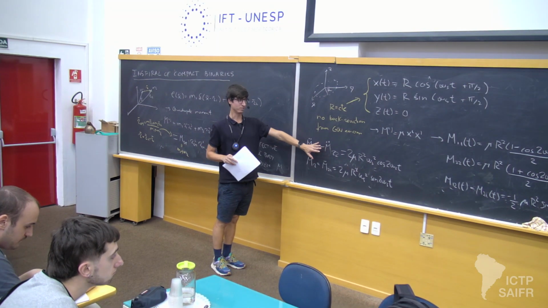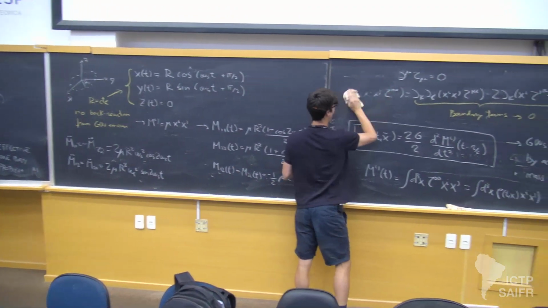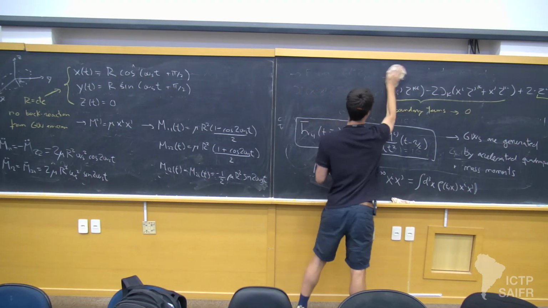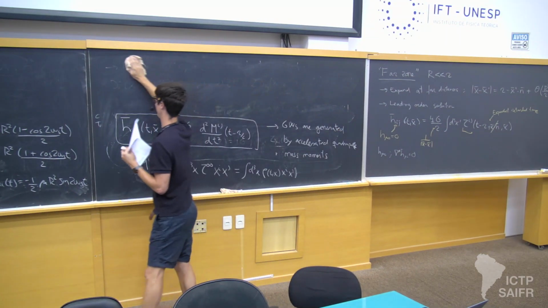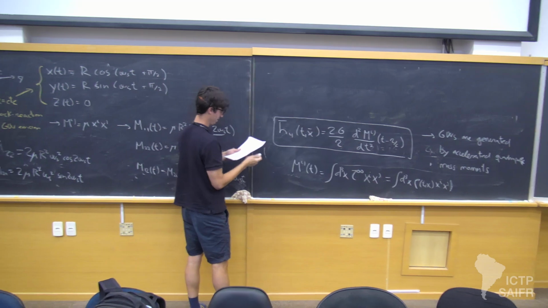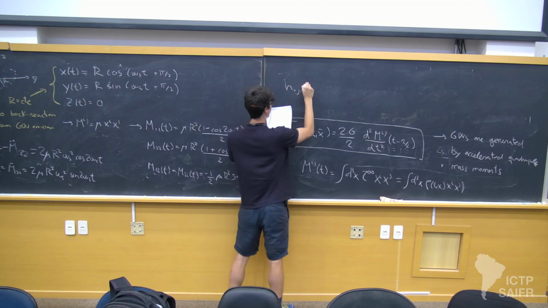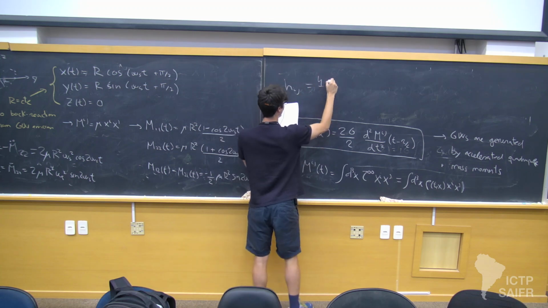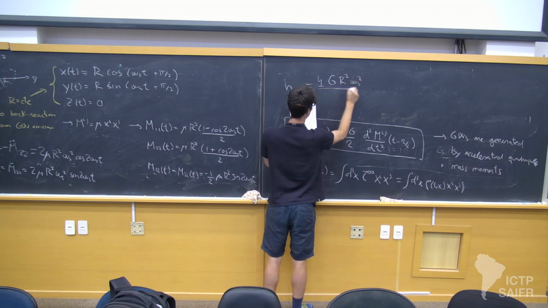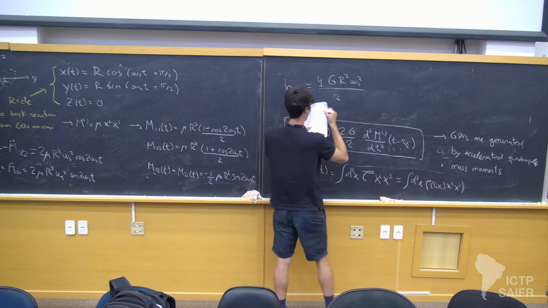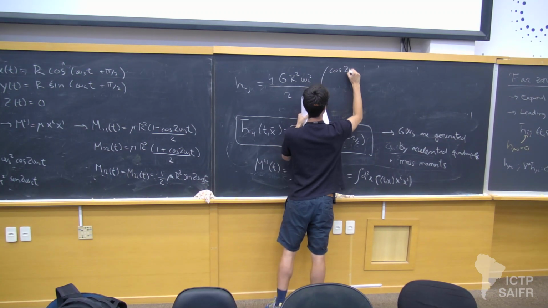So we have the expression here, and actually the only thing we need to do is to just plug that second time derivative of the quadrupole moment to obtain the Hij for the case. So the Hij would be 4G mu r squared omega s squared divided by R, and then I have cosine, and I'm going to write it in a matrix form.